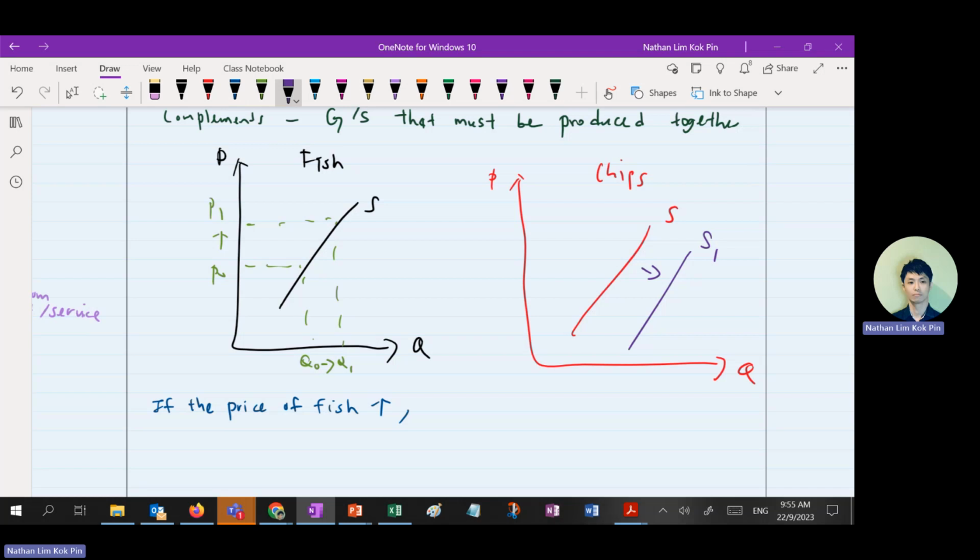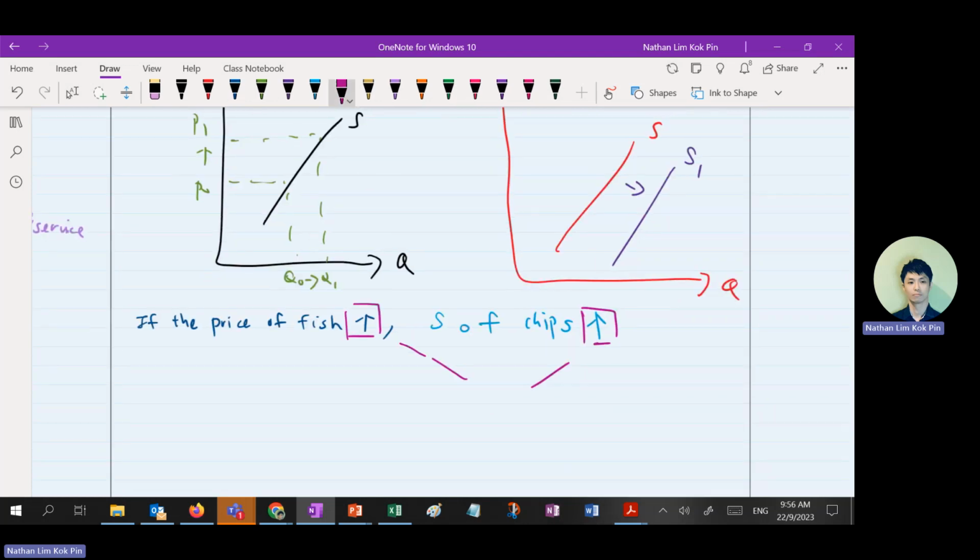Makes sense? So supply of chips will increase. Look at the direction, same direction. It shows what relationship?